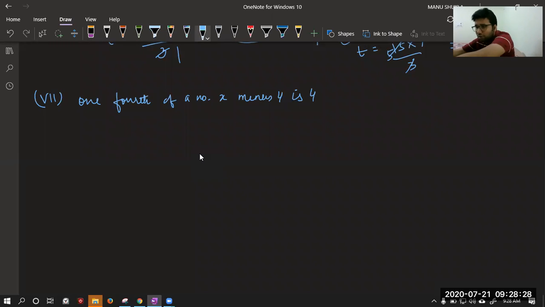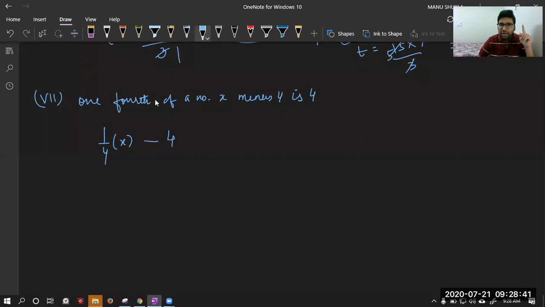Very simple. 1/4 of x, that is 1/4 of x minus 4 is equal to 4. This is the equation. Sarvagya, I hope till this part it is very easy. Equation formation is simple. Now the thing is how to solve this.